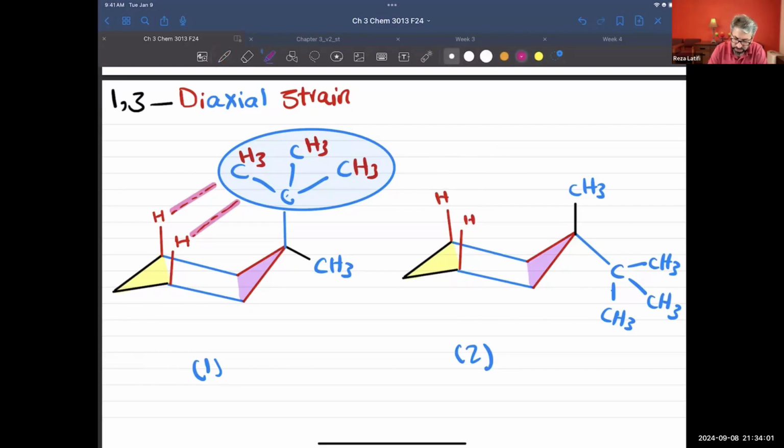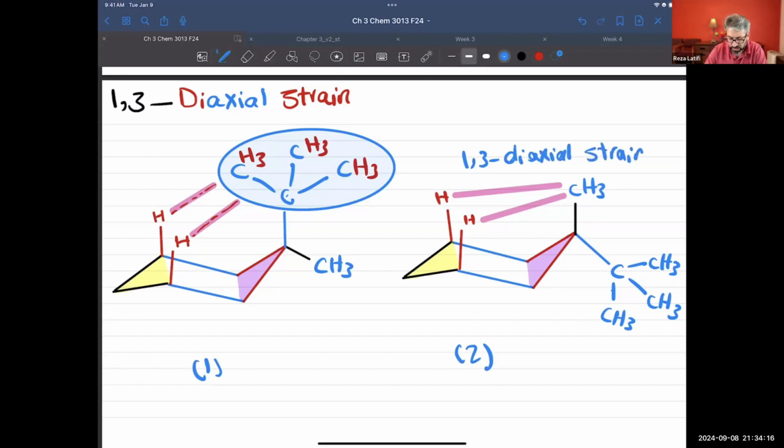So again, I'm going to get that 1,3 diaxial strain, and I see it in both cases. But if you have the tert-butyl in an axial position, it will be way more severe than with the methyl group.